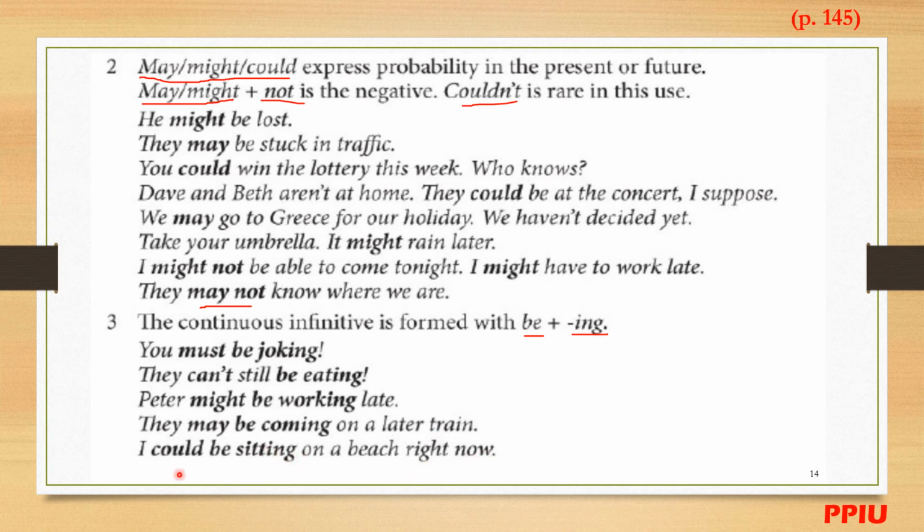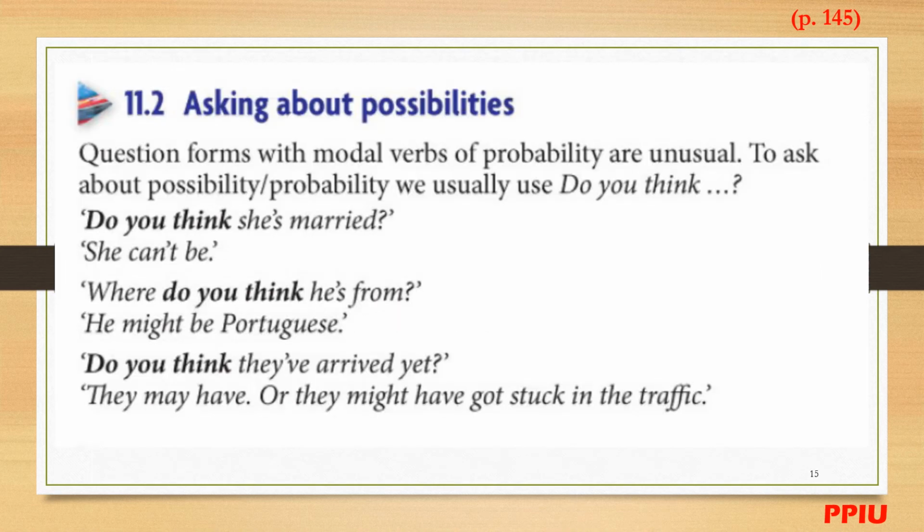Okay, the continuous infinitive is formed with be plus verb-ing, right? Okay, next, asking about possibility.